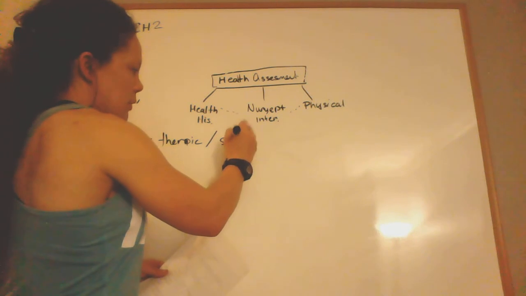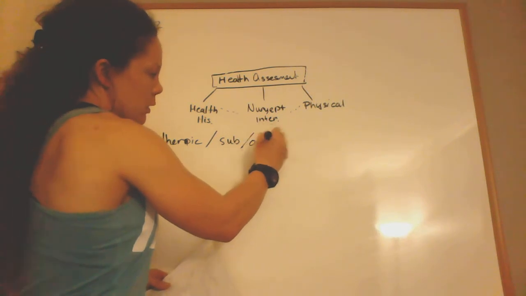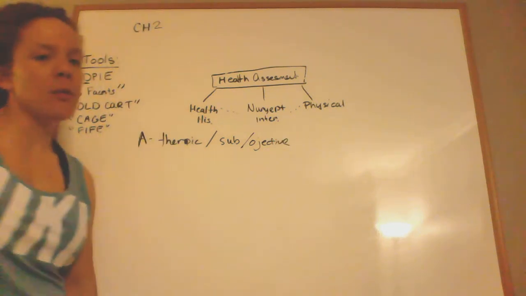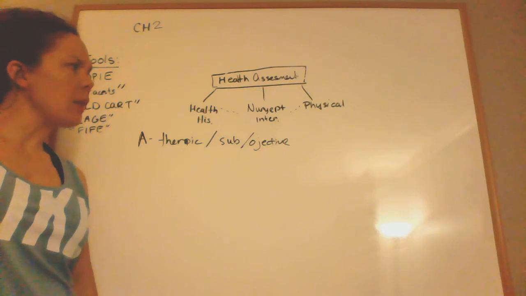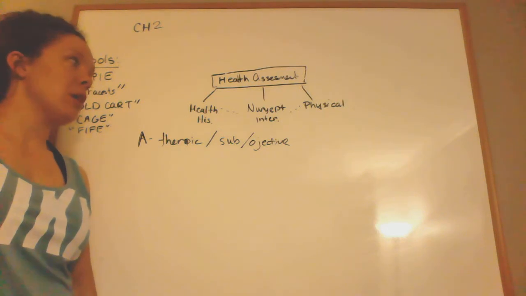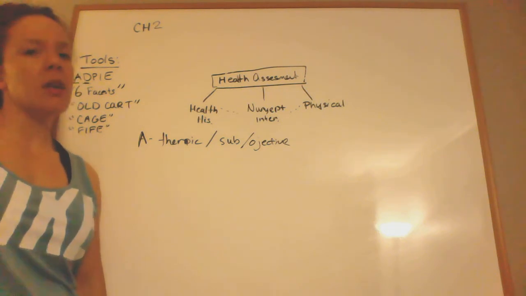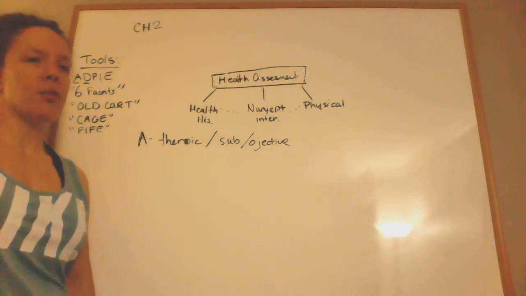Assessment is subjective and objective. Subjective is either coming from the patient or somebody else, and that is where we're getting that health history from. You're going to get part of that in the interview as well, but some of it is that subjective information. Objective information is their vital signs, or what I observe.